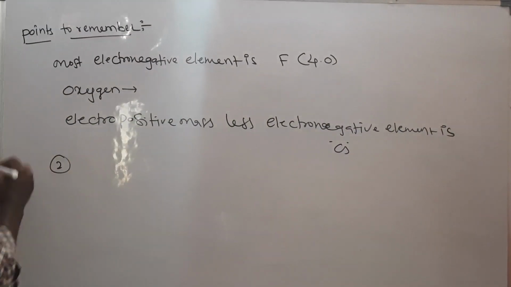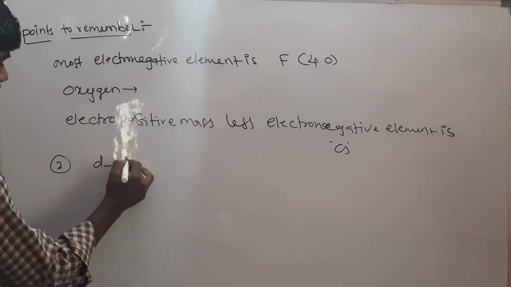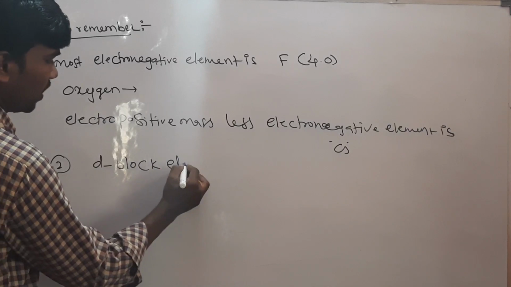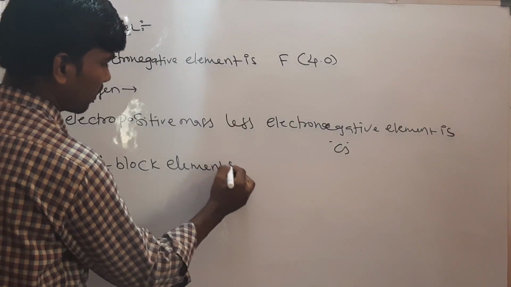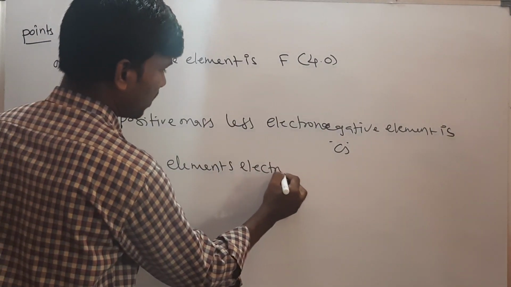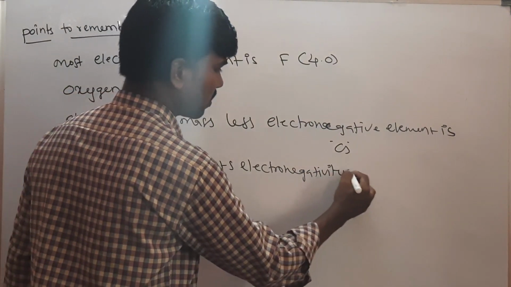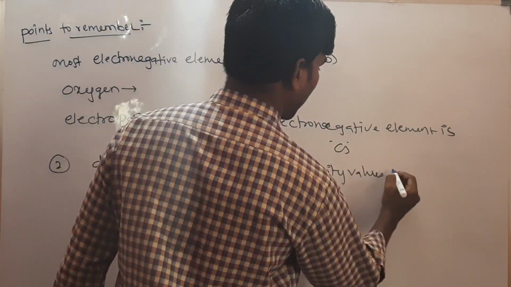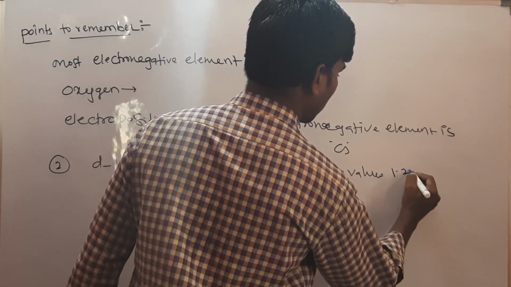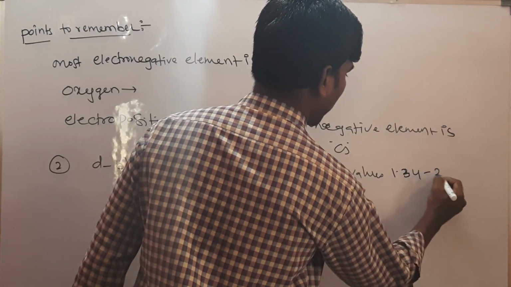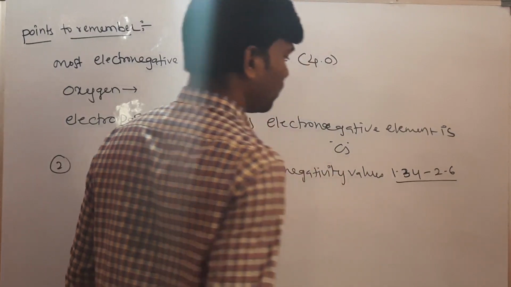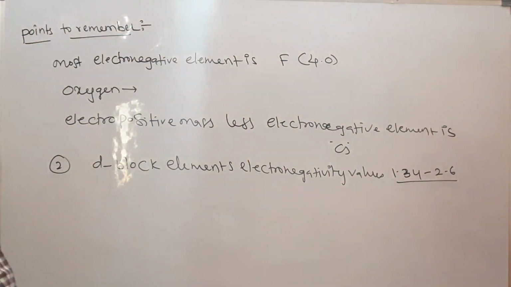And the second point: d block elements' electronegativity values vary from 1.34 to 2.6.